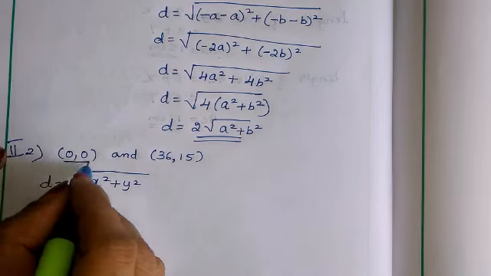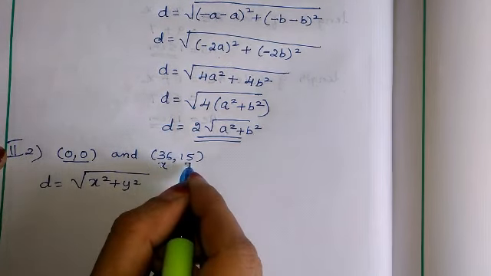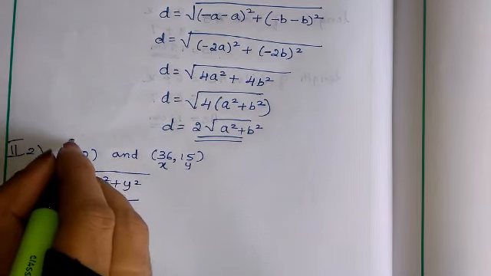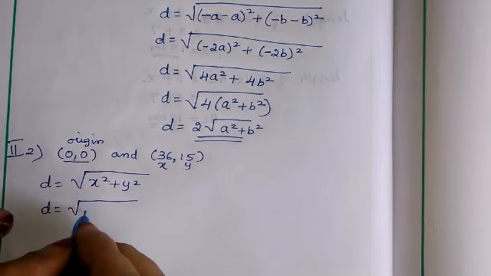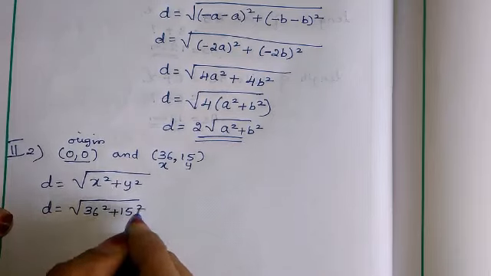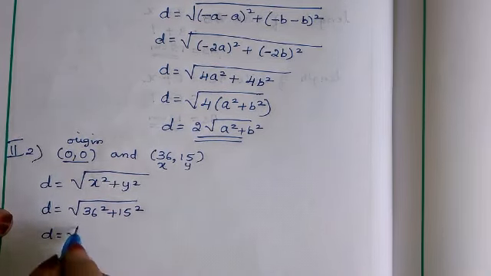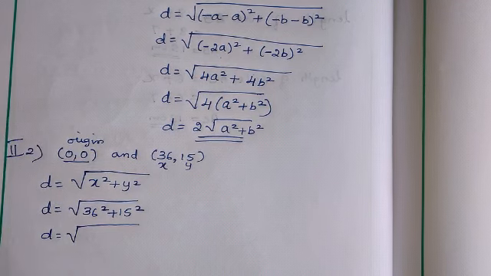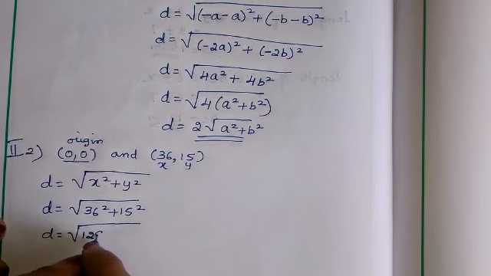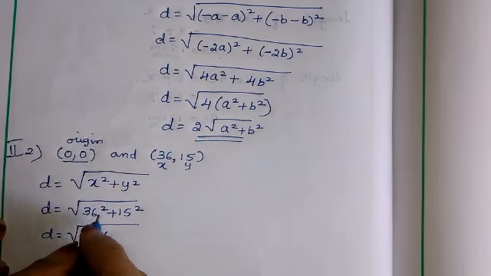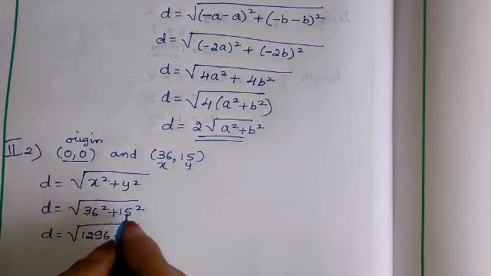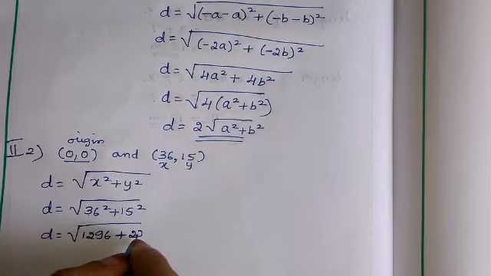We should not consider this 0, 0; we will take this as x and this as y. So d is equal to root of x square plus y square, where x is 36, so 36 square plus 15 square. See here, in perfect square roots we should be perfect. 36 square is 1296, if you multiply 36 into 36. 15 square is 225.